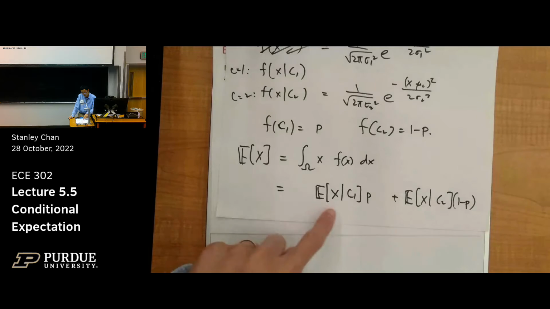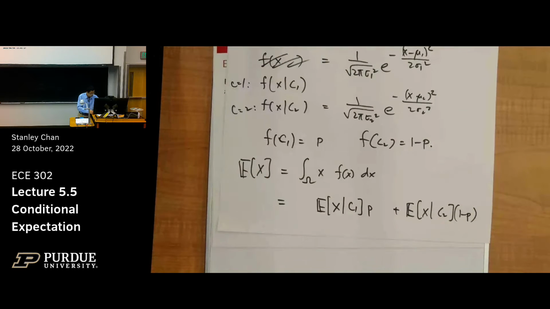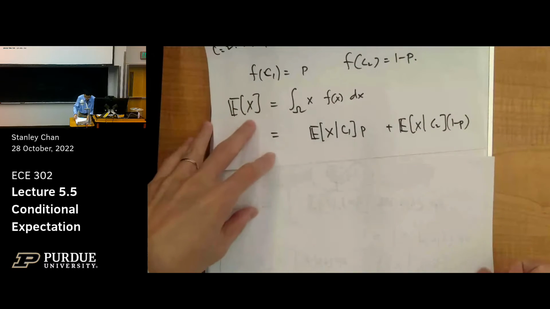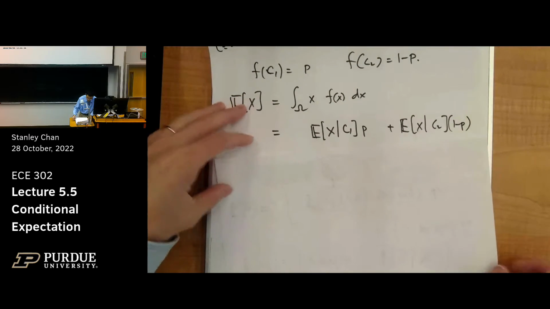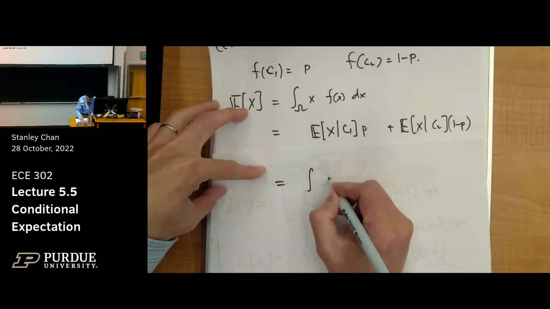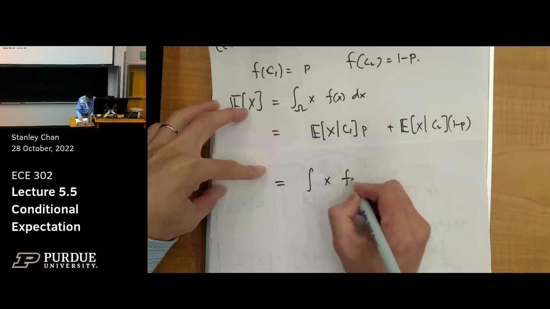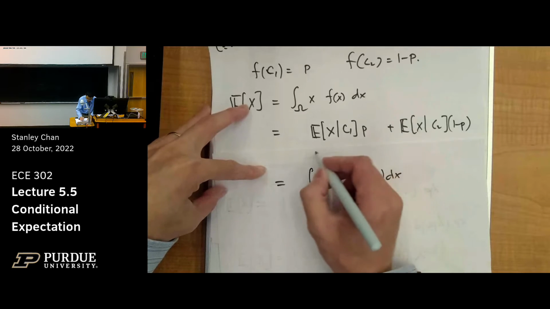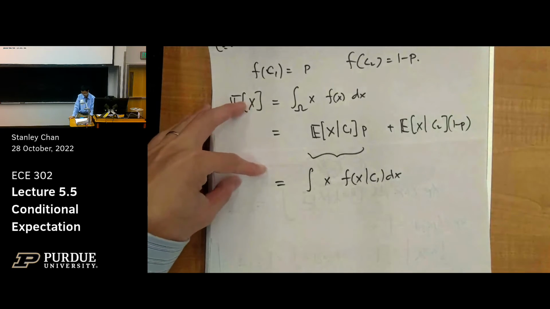Okay, so now when you go to this formula, the rest is calculus. What is the expected value of x given C1? Well, the expected value of x given C1 is the integration of x times f of x given c1 dx, right? So it's this thing here.